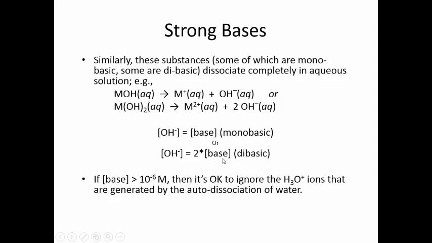But if we're talking about dibasic bases, like the alkaline earth hydroxides, like barium hydroxide or calcium hydroxide or something like that, Ca(OH)2, the concentration of hydroxide will be 2 times the initial concentration of base. Again, with the same note we'll make for people who are interested in knowing when it's okay to make this simplified assumption that the concentration of hydroxide is just going to be equal to the initial concentration of the base.